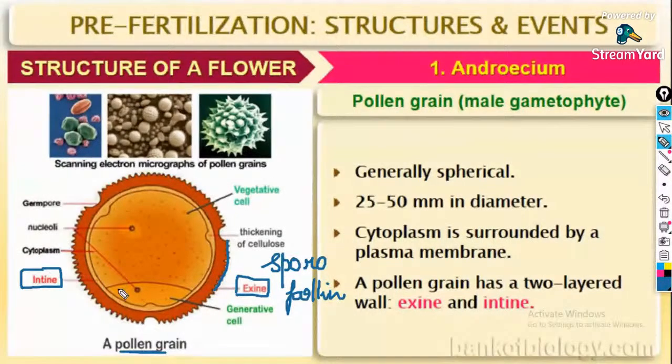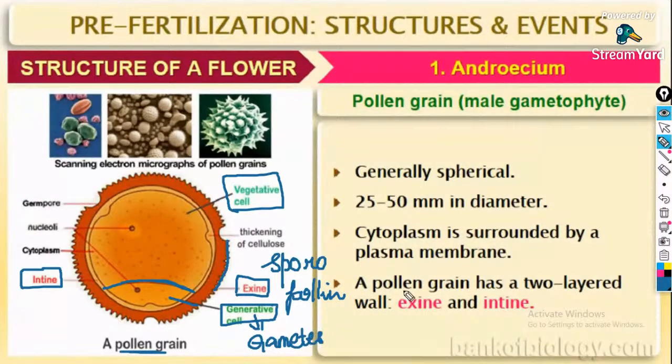There are two cells, this is a separation over here. So the large cell you will call a vegetative cell, and the small cell you will call a generative cell. The generative cell divides to form the male gamete.